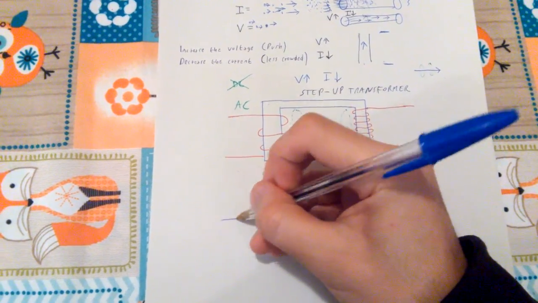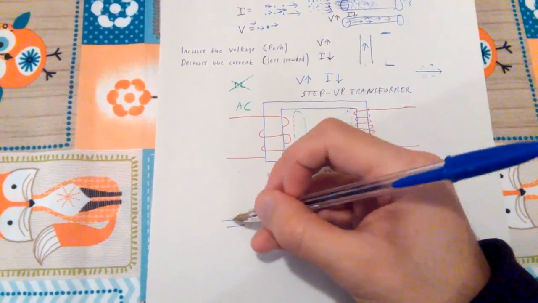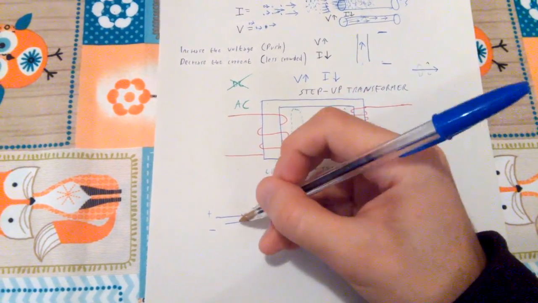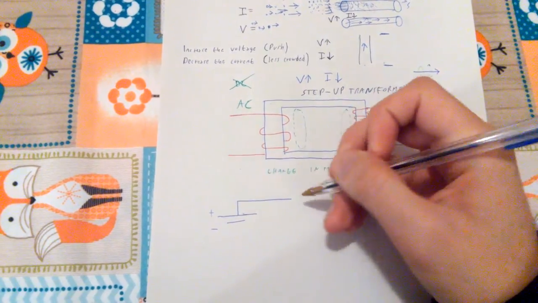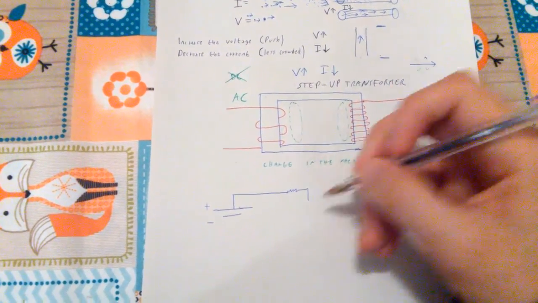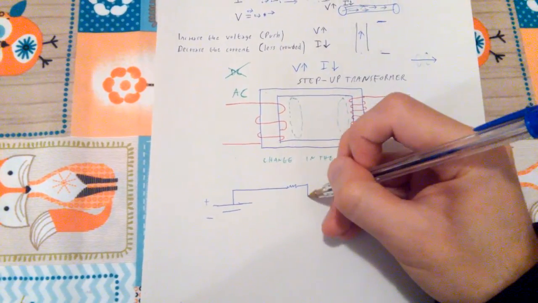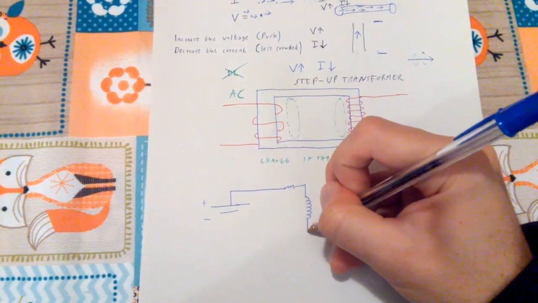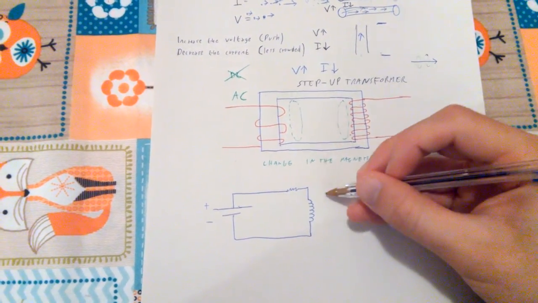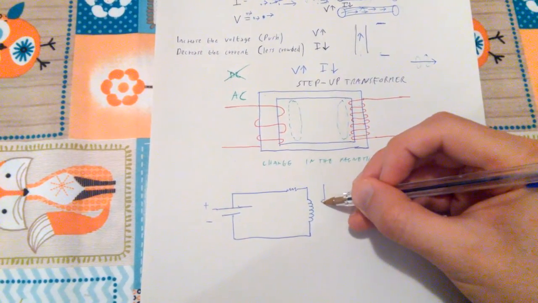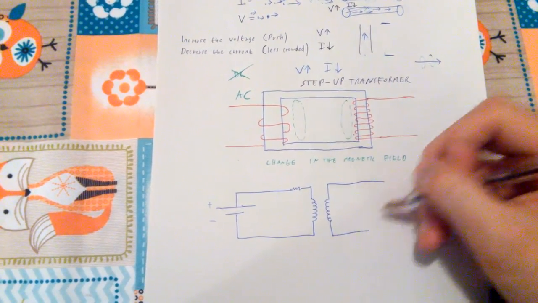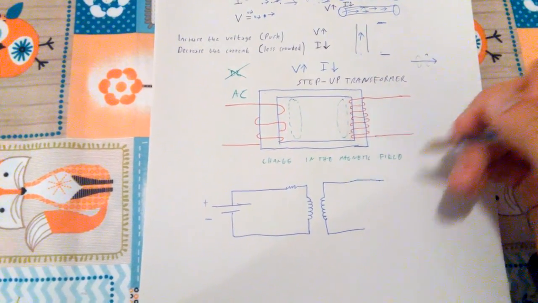like, okay, I'm going to make a simple one. Oops, I almost screwed up. Okay, this plus, this minus, is a battery, and I have a resistance, and then I have an inductor. And let's suppose that I put another inductor here in another circuit like this.